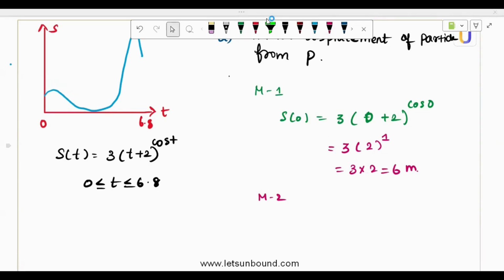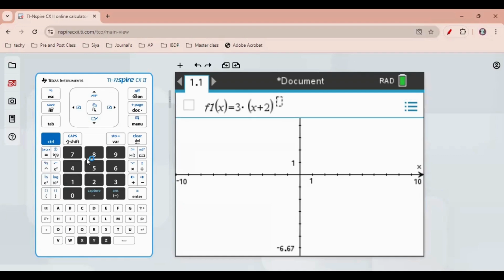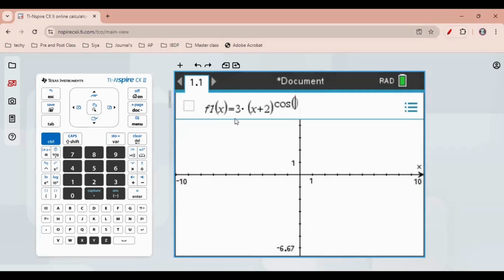Here is the GDC for you. So here is a graphing calculator. Let's draw the graph and figure it out. What is my function? 3 times x plus 2, raised to the power cos x. Actually, there is t given, but here we can just go with x.